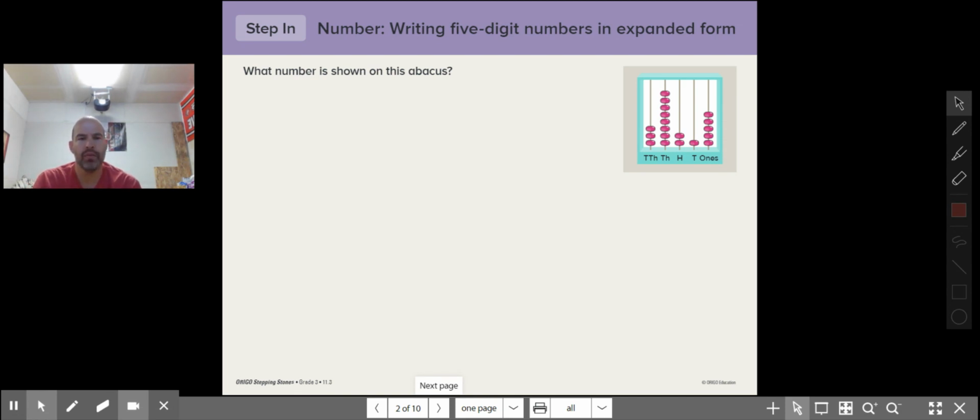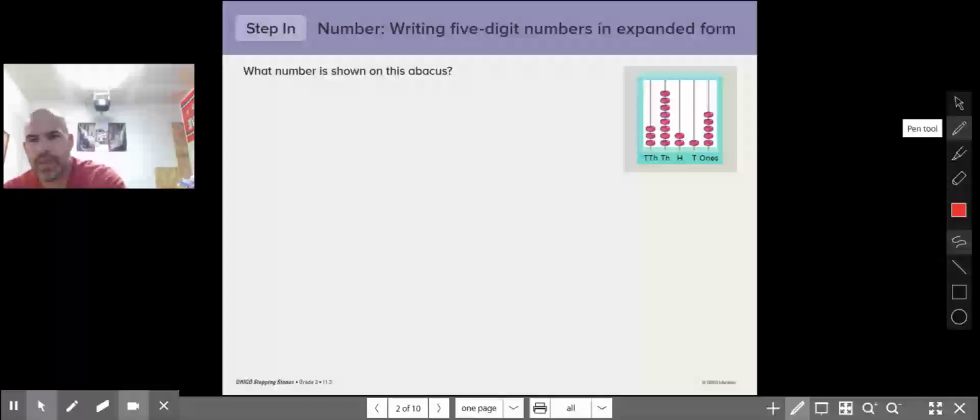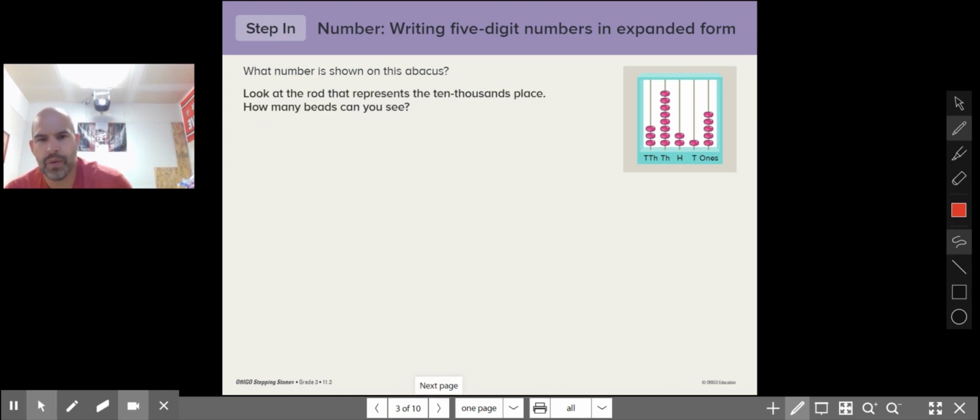All right, so we have 5 in the ones, 1 in the tens, 2 in the hundreds, and it looks like 8 in the thousands and 3 in the 10,000s. All right, so if you were thinking that number was 38,215, I think that's what we're going to come up with.